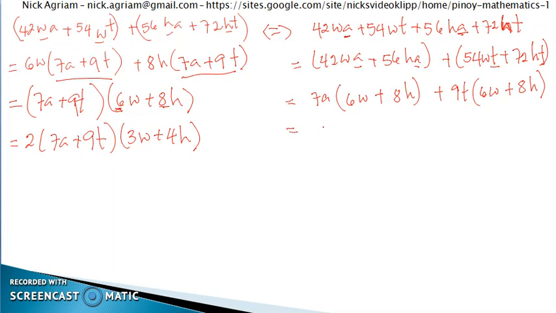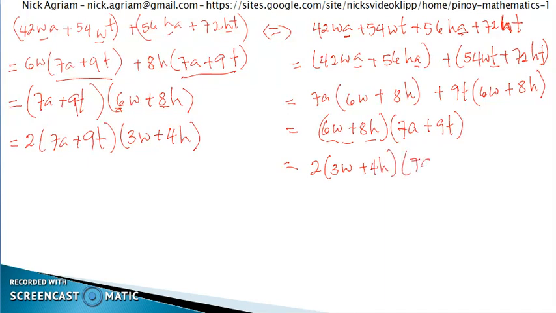So we have 6W plus 8H as a common factor multiplied by 7A plus 9T. And then we have also 2 here, so we have 2 times 3W plus 4H multiplied by 7A plus 9T. That's the same as we got there.